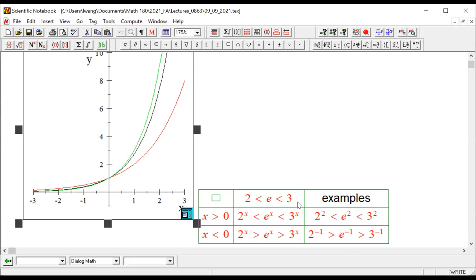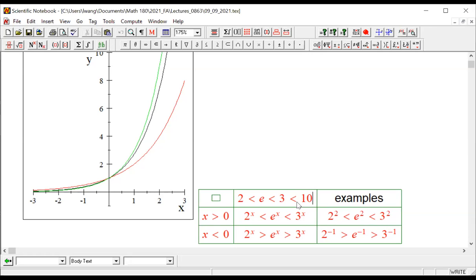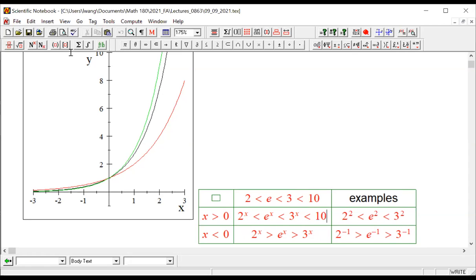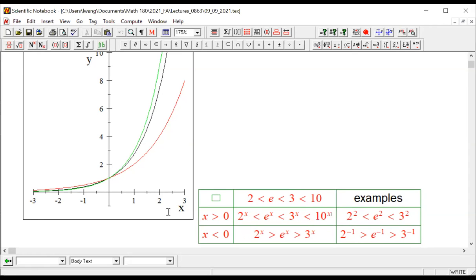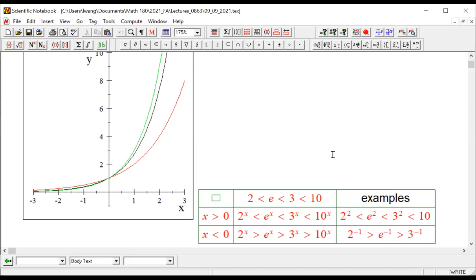It's going to be a steep graph. Less than 10, yes, it's going to be a steep graph. And this inequality will continue for x is positive. So this is going to be true, 10 squared, right?